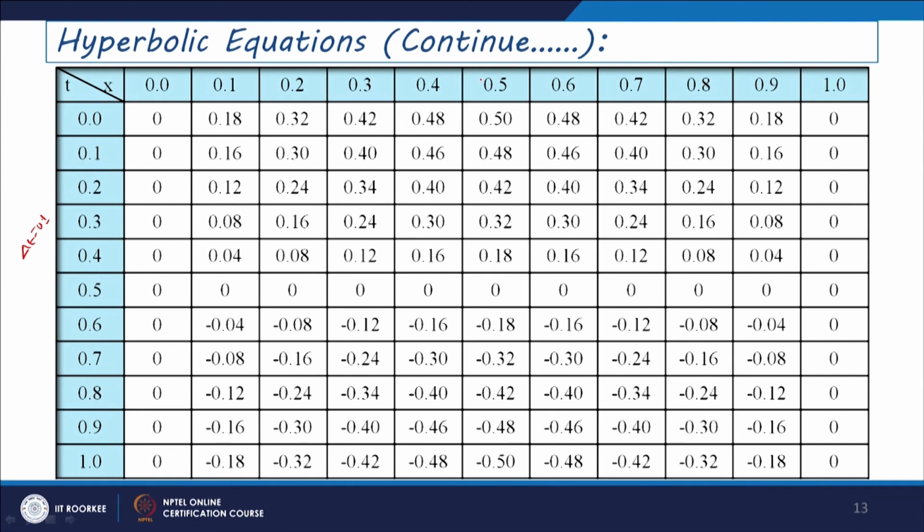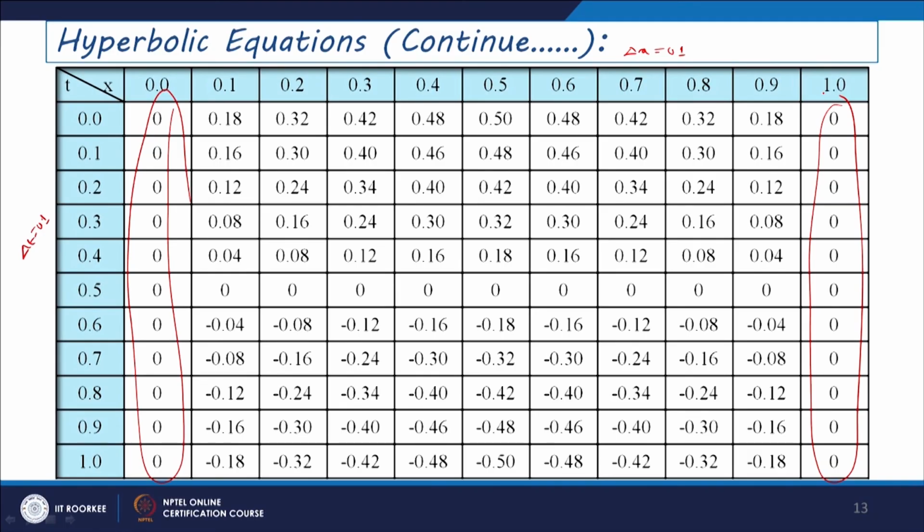Similarly, in the x direction, del x is considered as 0.1. So, it also takes the values 0.1, 0.2, 0.3, 0.4, 0.5, 0.6, 0.7, 0.8, 0.9 and 1.0. And symmetry means the boundary condition described at the initial level is the same as described at the point x equals 0 and x equals 1 there itself.